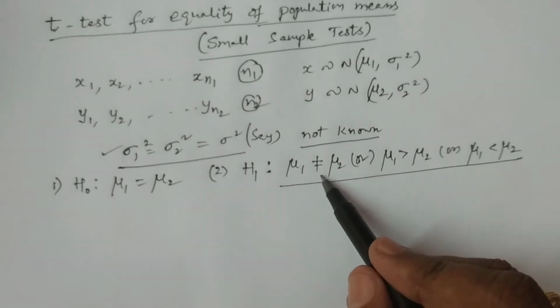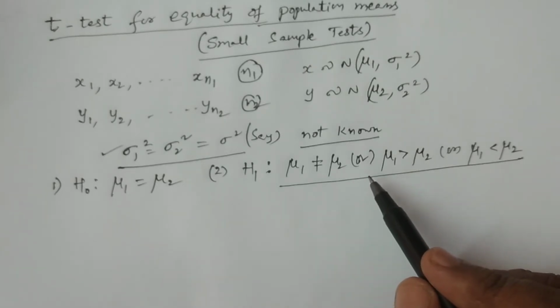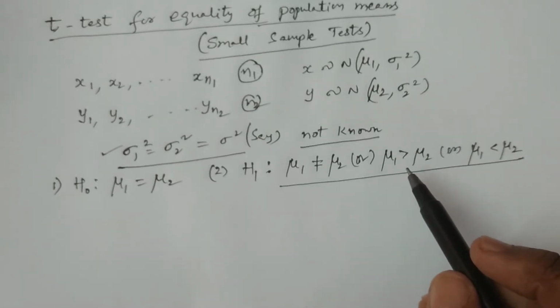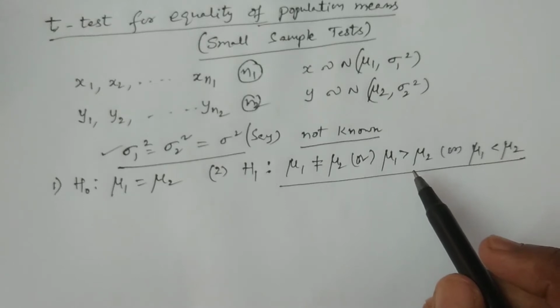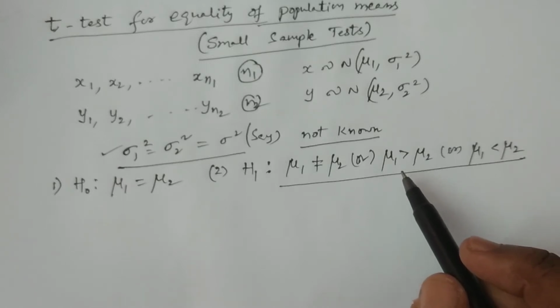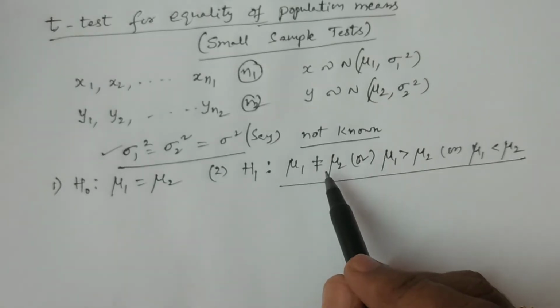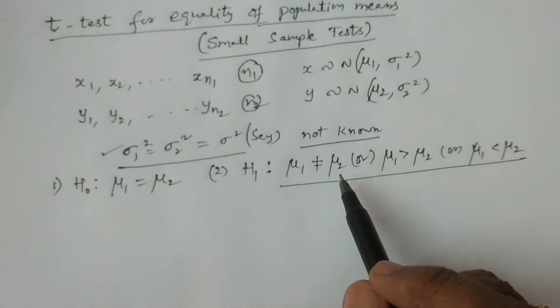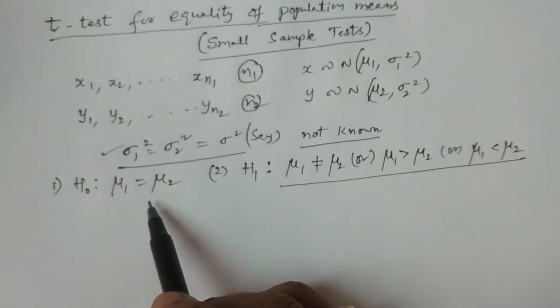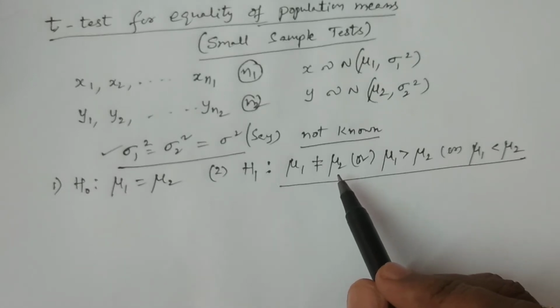So these are the three kinds of statements we can consider. In the alternative hypothesis, the population means mu1 and mu2 are not equal, and there is a significant difference between the sample means. In the null hypothesis, the two population means are equal and there is no significant difference between the sample means, and in the alternative hypothesis, the two population means are not equal and there is a significant difference between the sample means.